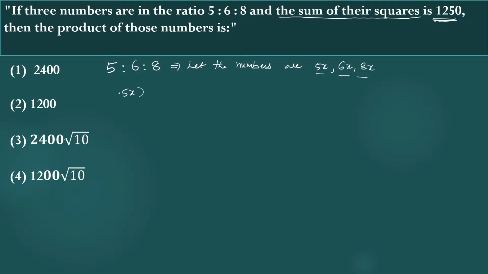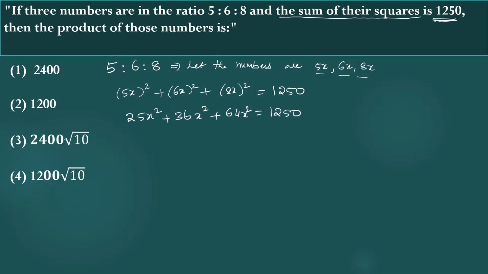So 5x square plus 6x square plus 8x square is equal to 1250. 5x square is 25x square, 6x square is 36x square, 8x square is 64x square. If we add 25x square plus 36x square plus 64x square, we get 125x square.